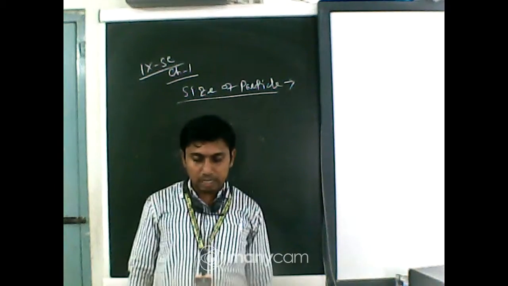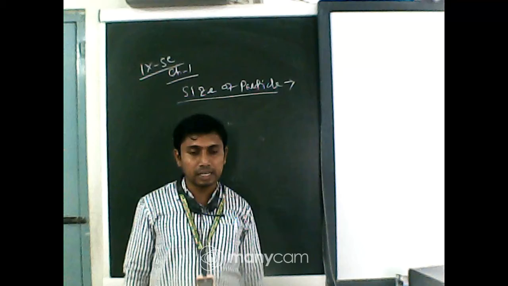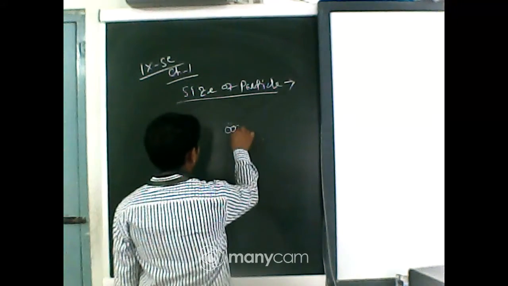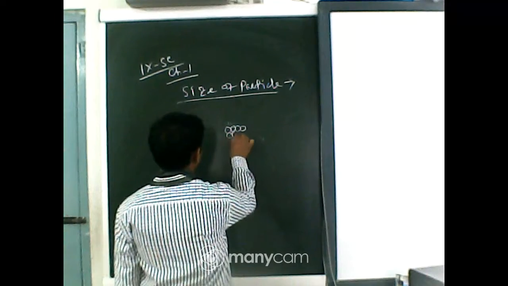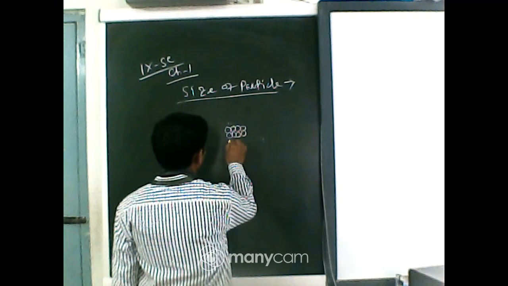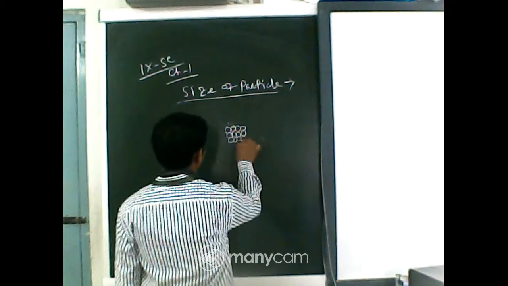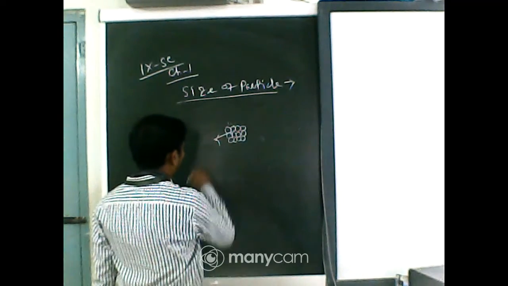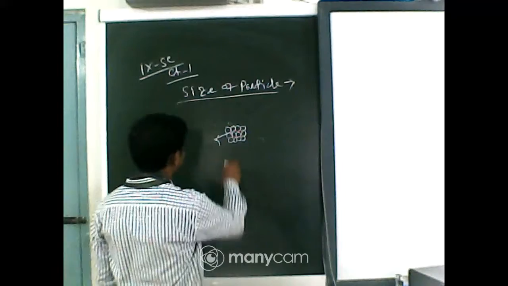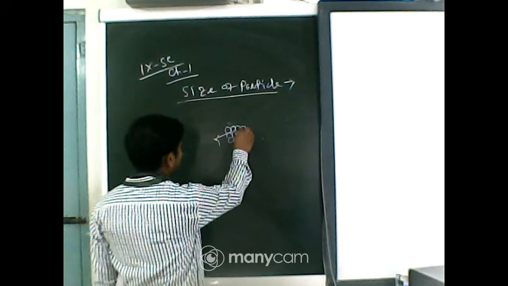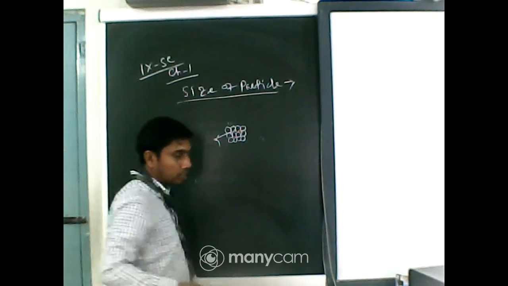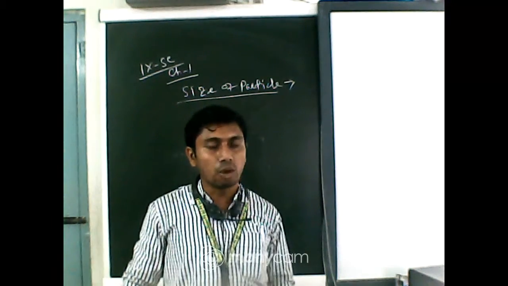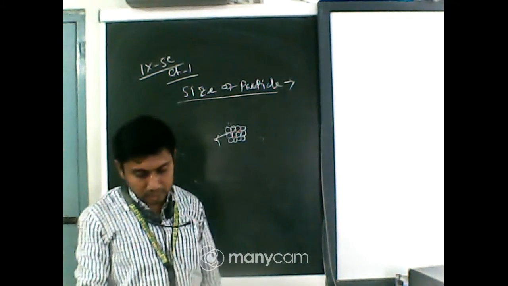The first point is that particles of matter have space in between. If you observe it minutely, you can see that there is a space which is not occupied. This is called interparticle space.